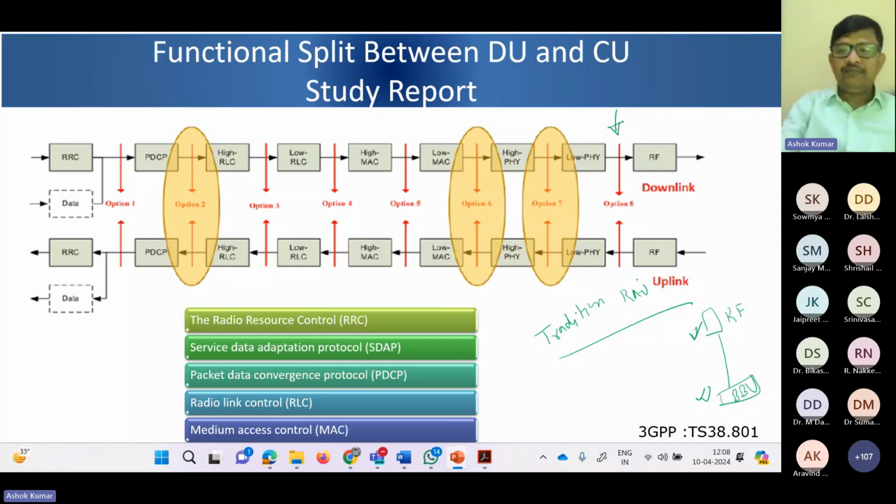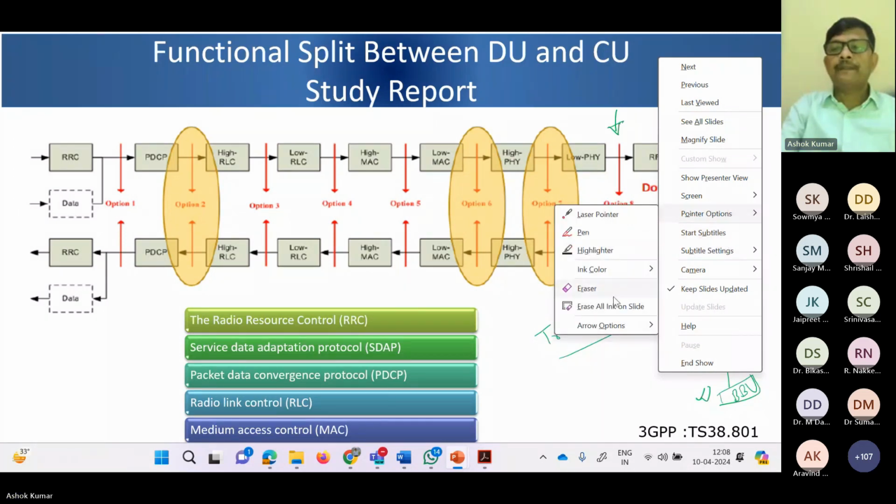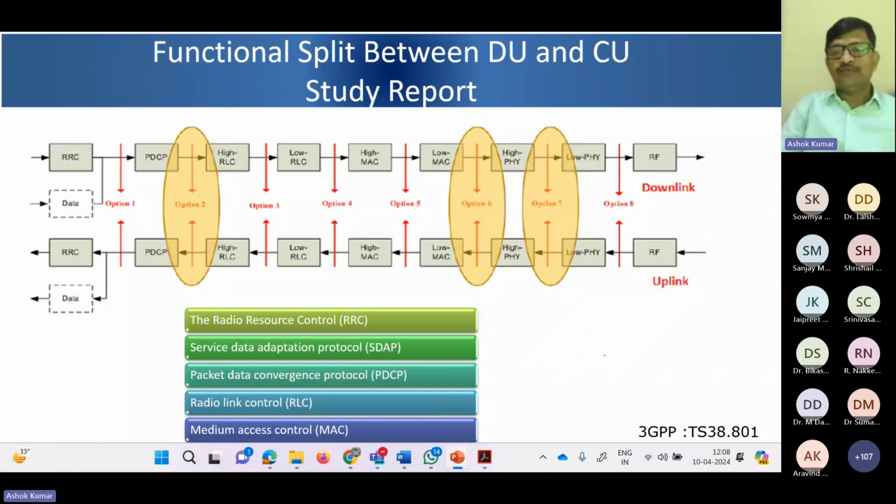Okay, there is a possibility that I have done a split into two parts. So the BBU, let me split this into two parts, DU and CU. Let me do it in three parts: RU, DU, and CU.